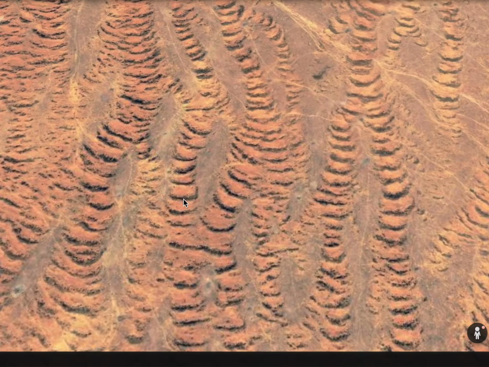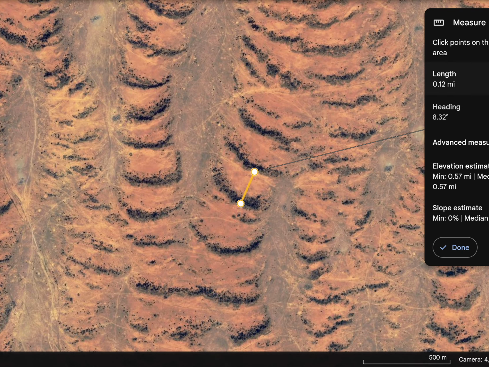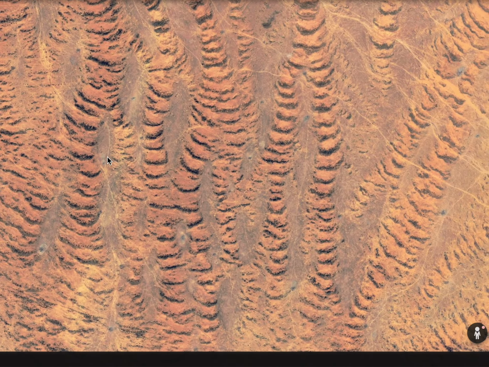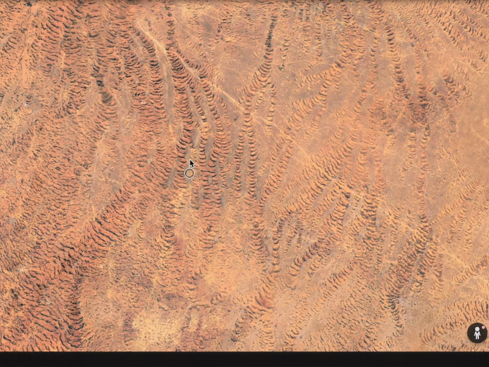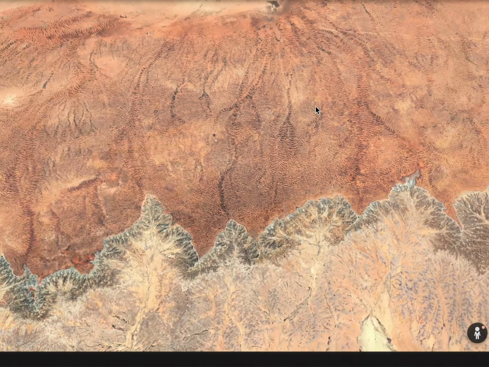And in these channels are big old ripples. Much smaller than what we've seen previously, but these still have a wavelength of hundreds of feet. 600 feet, much larger than what we find near the Columbia River in Washington. So that'll put it into scale for you guys.